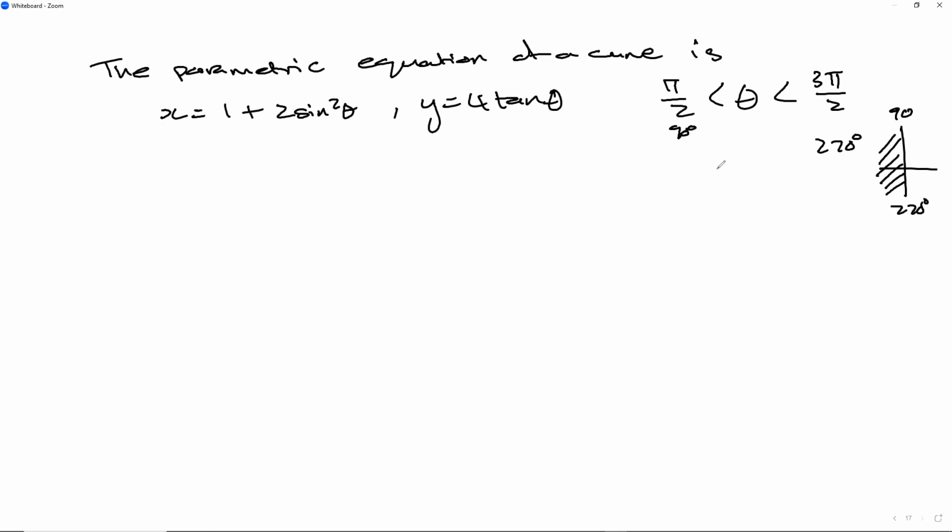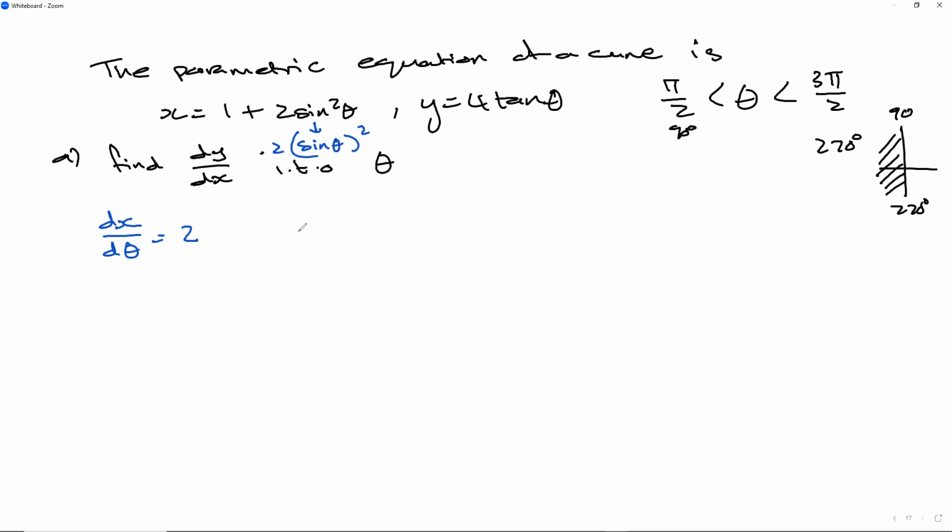Okay. All right. The first question says find dy dx in terms of theta. So I've got to derive each one. I'm going to go dx d theta, which is going to be deriving that with respect to theta. That's going to become 0. The 2 is going to be brought out. And this can be rewritten as sine theta squared.